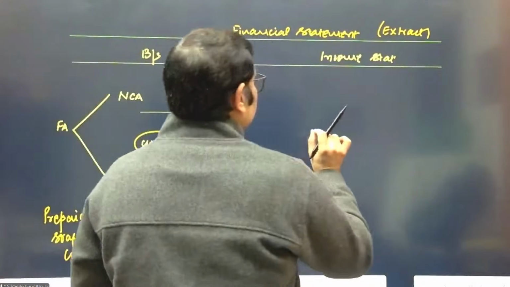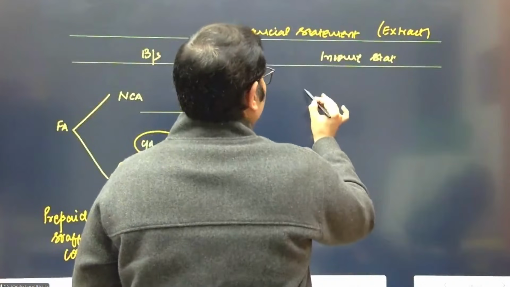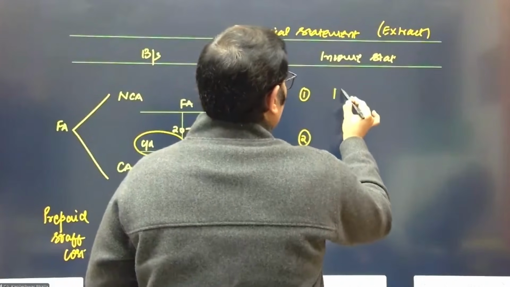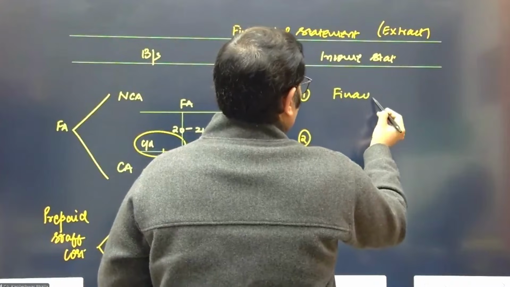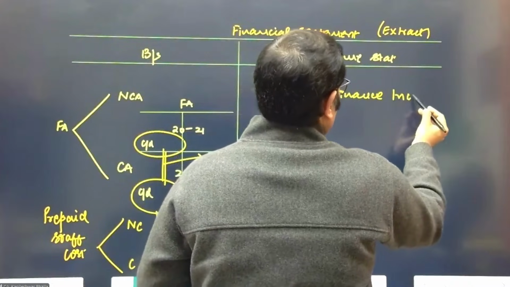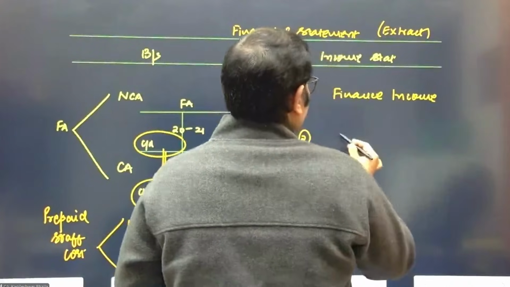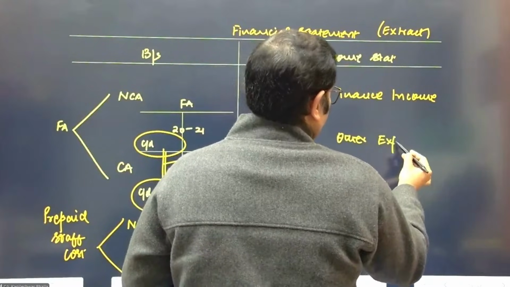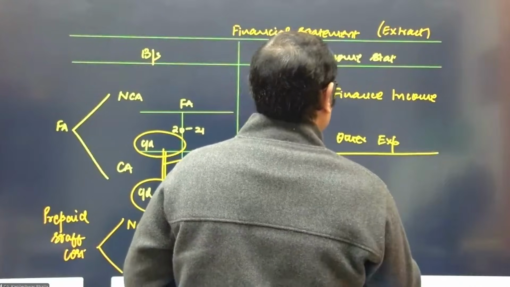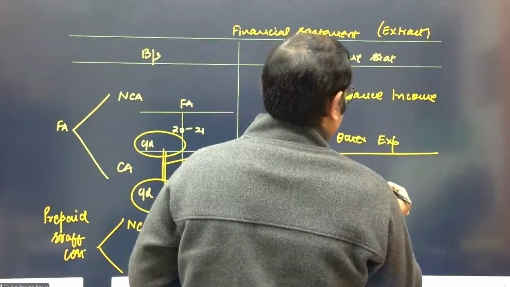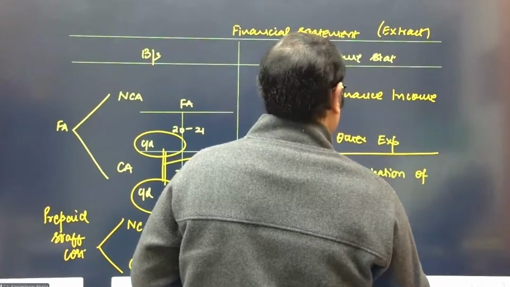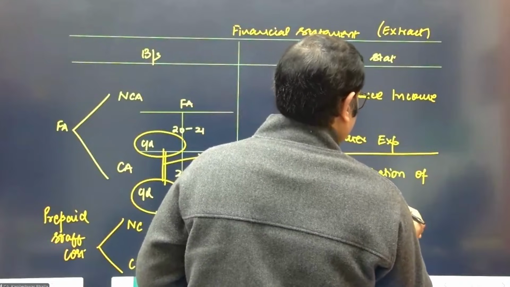And then in terms of the income statement, you will tell the examiner that there are two items. One is that you've got a finance income. And the other one is that other expense, which is supposed to be the amortization of staff cost. That is the amortization of the prepaid staff cost.